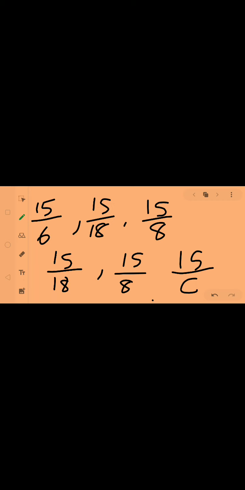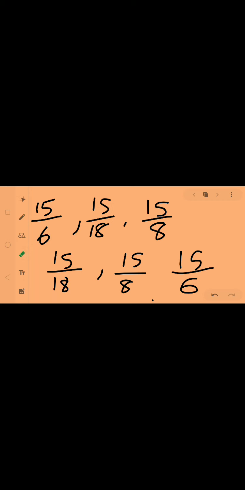The greater denominator is 18 here, so 15 by 18 is the smallest. Then the next smallest is 15 by 8. At last, the largest of all three fractions is 15 by 6.